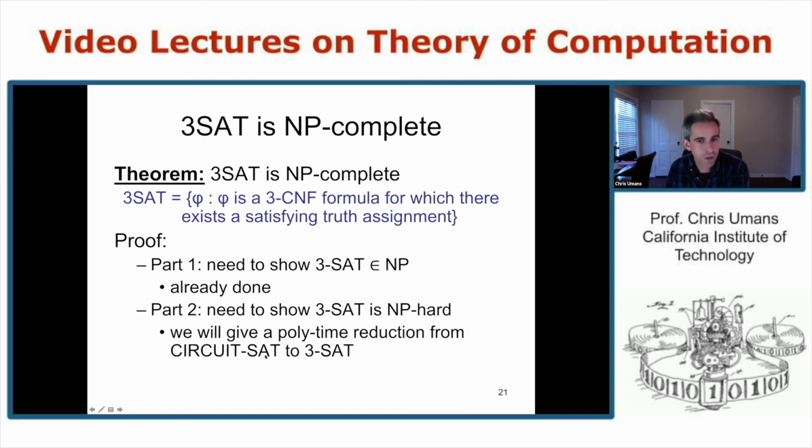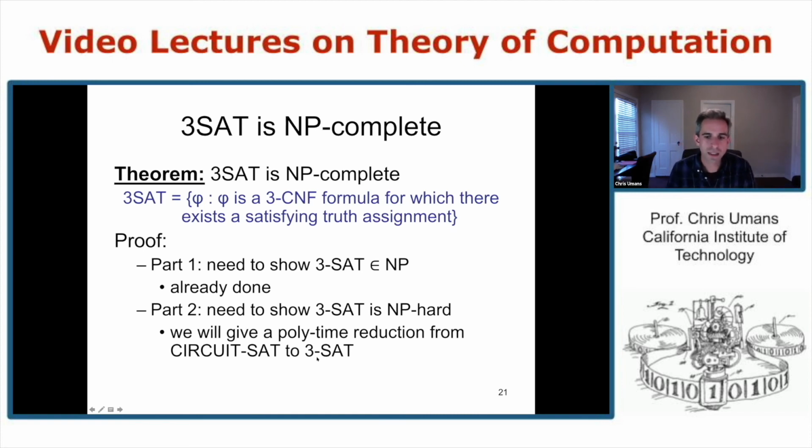And that would be a perfectly good reduction if you could do it. But it's very easy to come up with circuits where, if you try to put them in this AND of OR format, the smallest AND of OR format will be exponentially large in the size of the circuit.